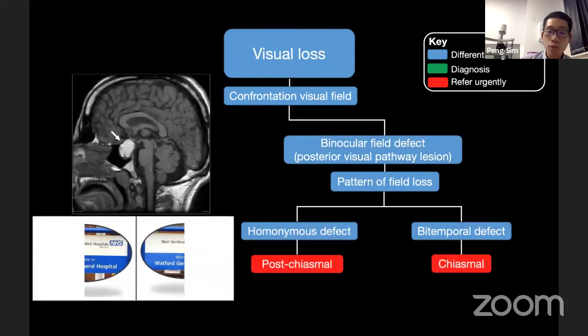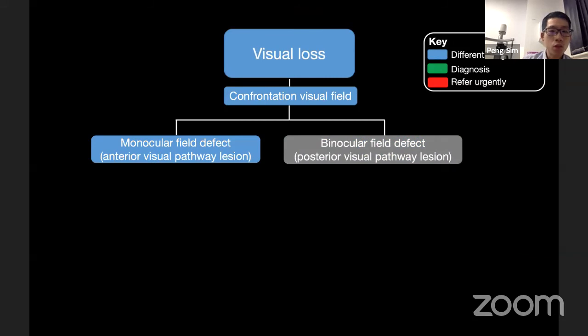If you detect anything gross on confrontation visual field, that usually indicates quite significant pathology. So these patients should always get a scan, at the bare minimum a CT scan, to rule out any acute intracranial pathology.